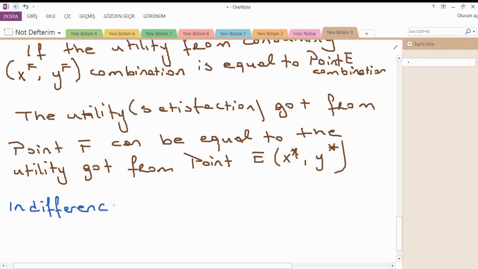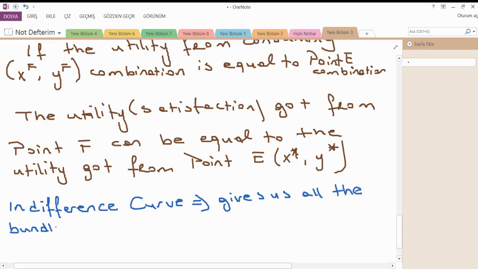Indifference curve. It gives us all the bundles or combinations of goods, and as you see, these bundles are represented as points on the graph, okay?